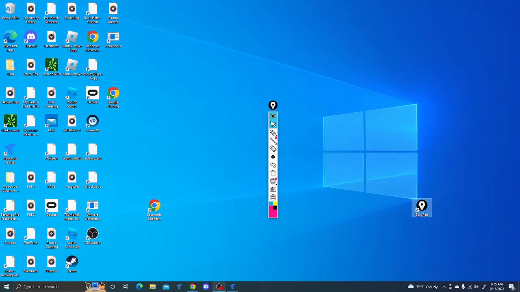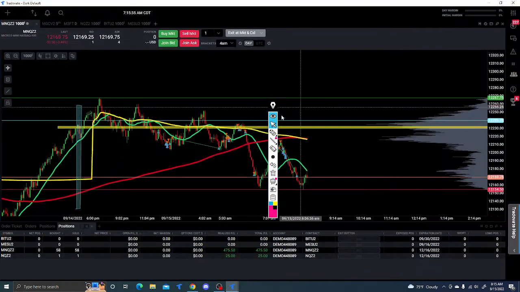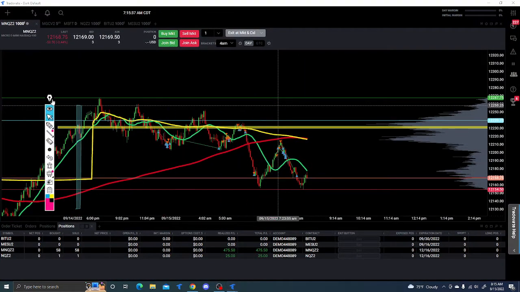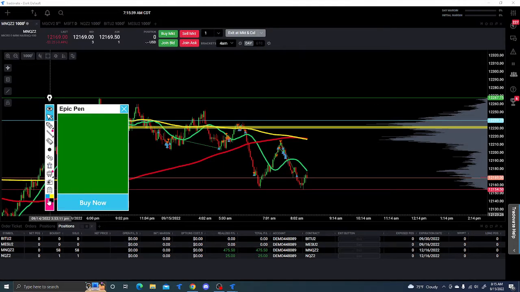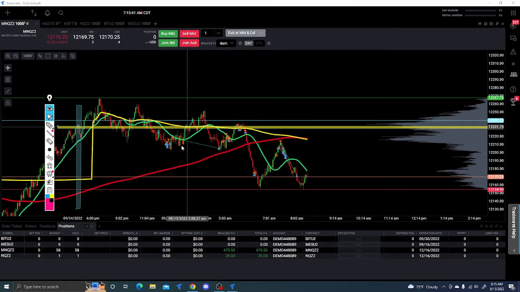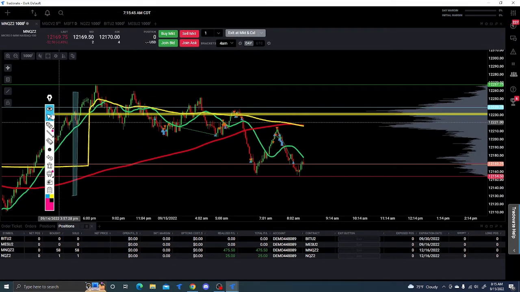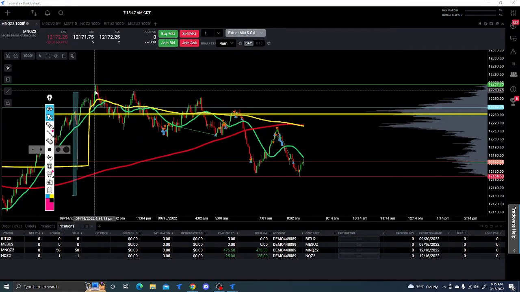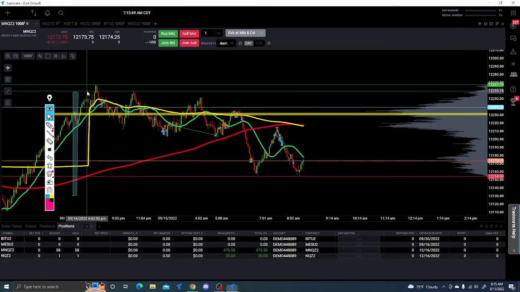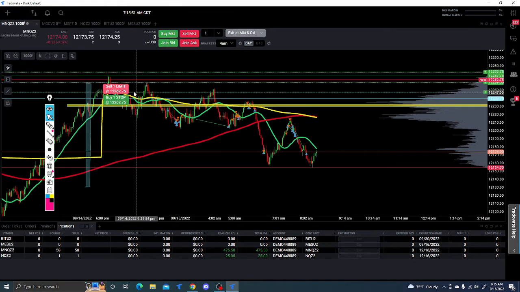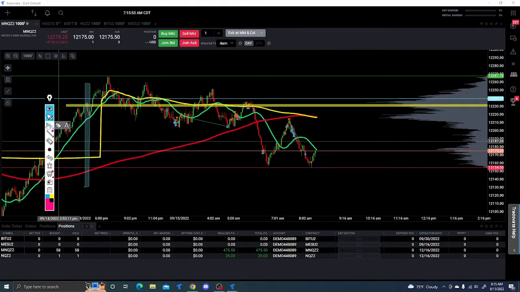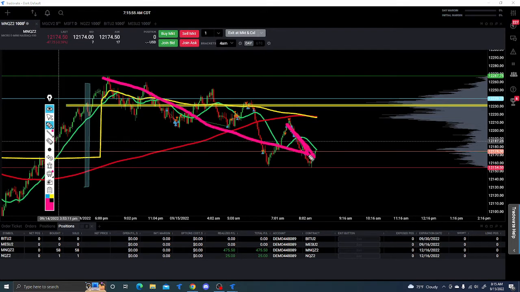Let's open this bad boy up. All right, so what do you guys see here? Okay, what is the overall direction of the market? Why is this not letting? Oh, that's why. Overall direction is down, right?